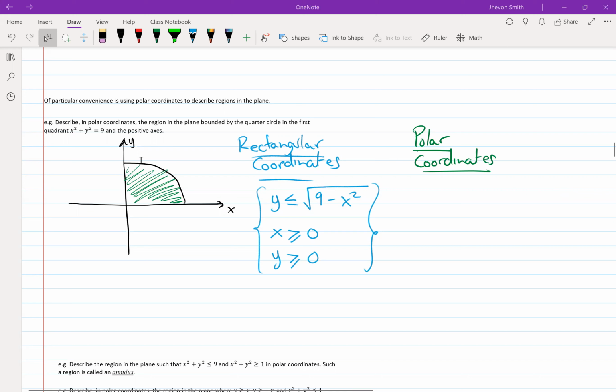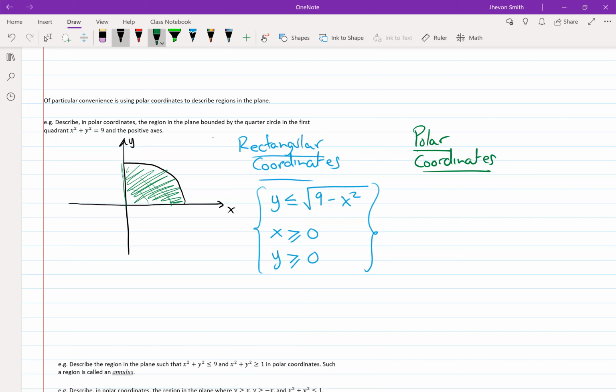Well, r equals 3 is this line here, but I want the entire region. So you do want an inequality. Would theta be equal to 90 degrees? Well, r is less than 3. Also, theta equals 90 is literally only this angle here. You want all this region.